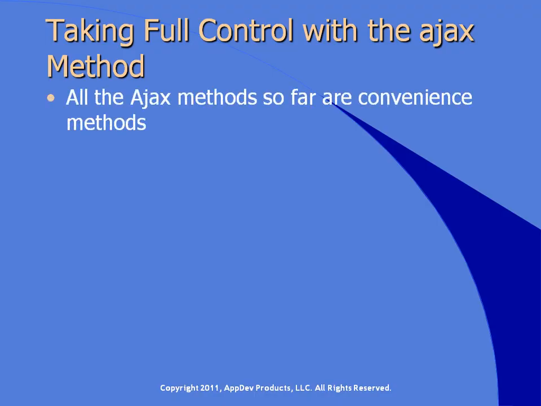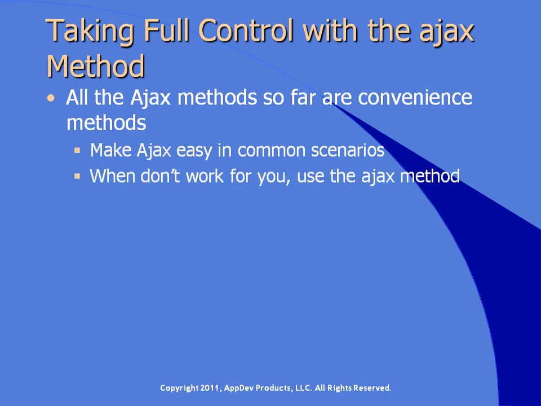All of the AJAX features in jQuery that you've learned about so far, along with other members in the library, are convenience methods that make using AJAX fairly easy for the most common scenarios. But when those convenience methods don't work for you, you can pull out the big AJAX gun in jQuery, the AJAX method.